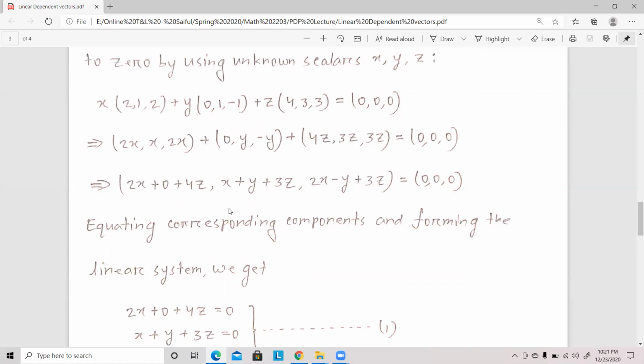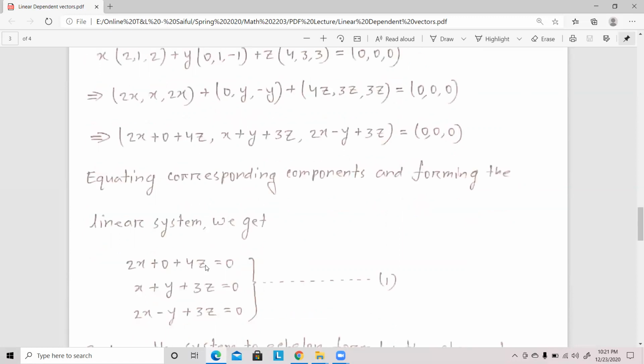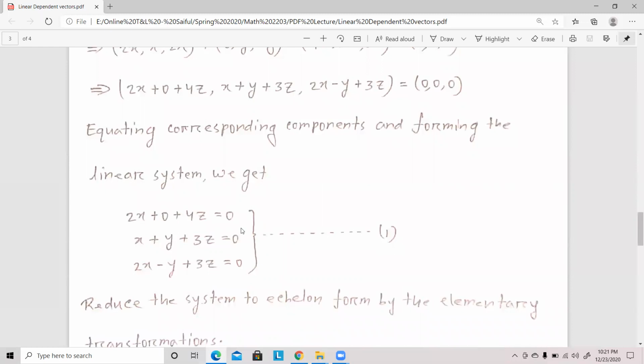Now if we equate the corresponding components from both sides, we get the system of linear equations: 2x plus 0 plus 4z equals 0, x plus y plus 3z equals 0, 2x minus y plus 3z equals 0. So we get the system of linear equations 1.